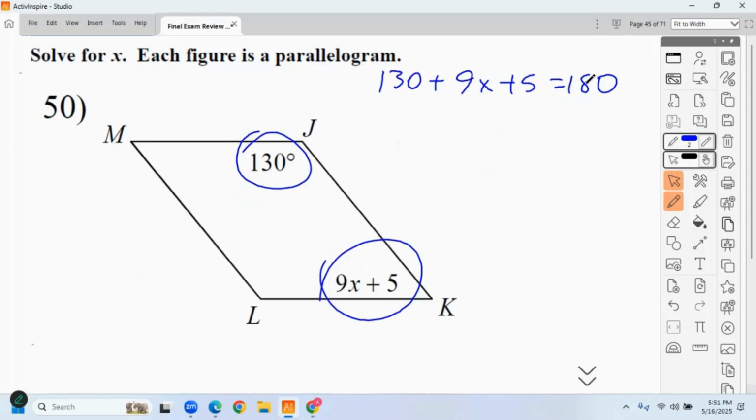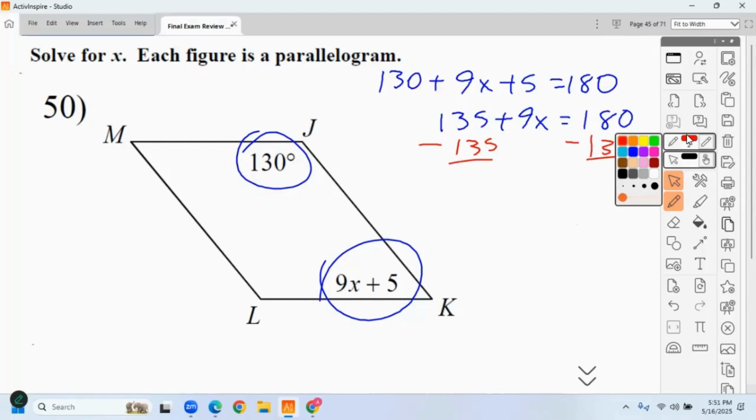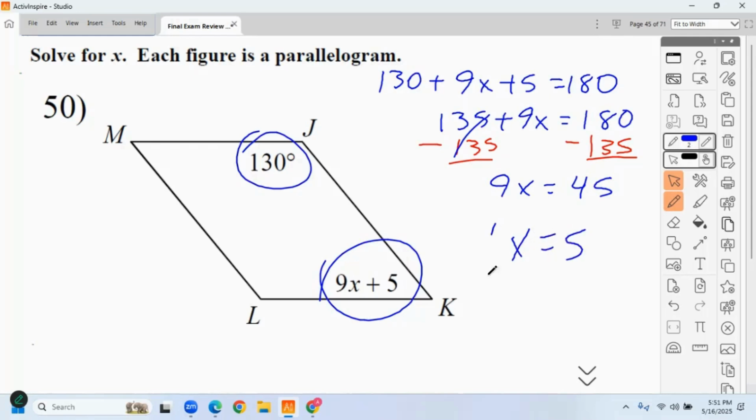There we go. 35 plus 9x is equal to 180. X is equal to 5. On to the next one.